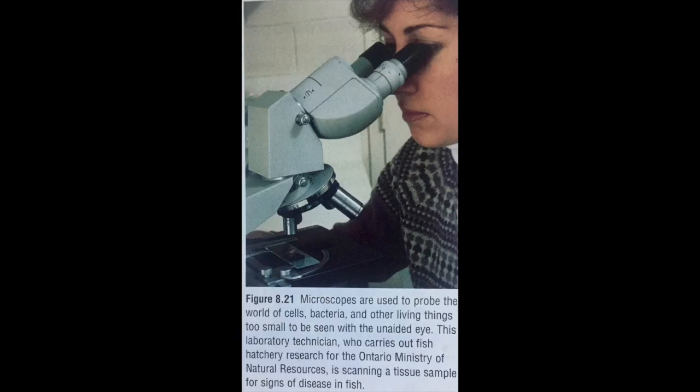Microscopes are used to probe the world of cells, bacteria, and other living things too small to be seen with the unaided eye. This laboratory technician who carries out fish hatchery research for an Ontario Ministry of Natural Resources is scanning a tissue sample for signs of disease in fish.